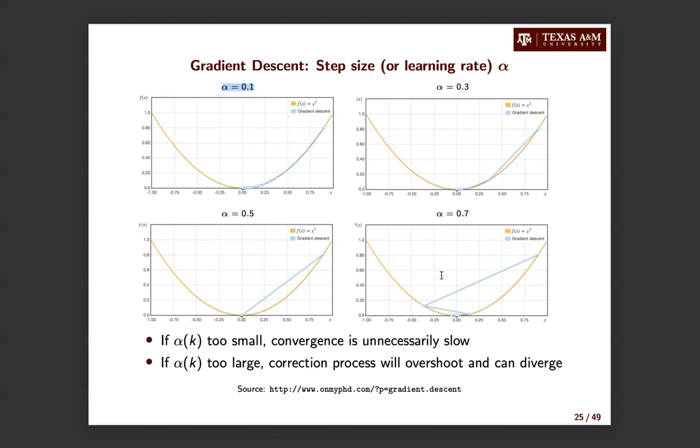We cannot arbitrarily increase alpha, because if we do so, we might have oscillations like that. In this case, because we increased the learning rate too much, we went from one side of this quadratic polynomial right next to the other side. So from there again, it was a little bit harder to converge.